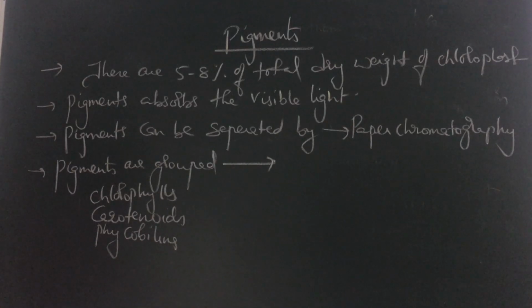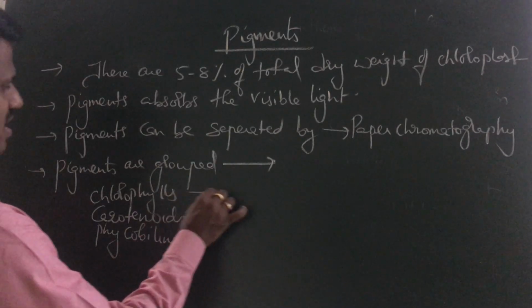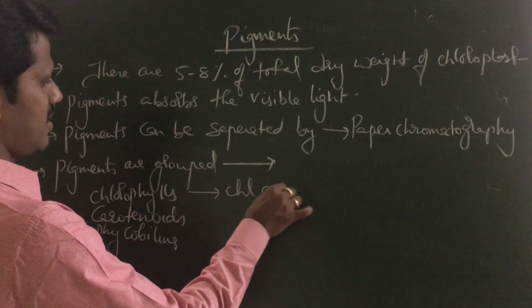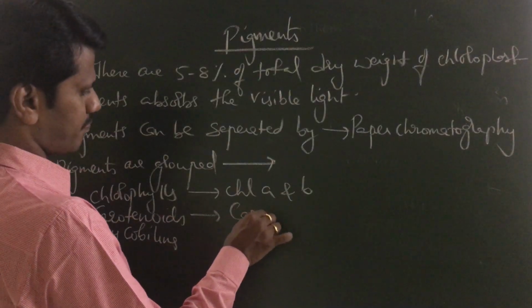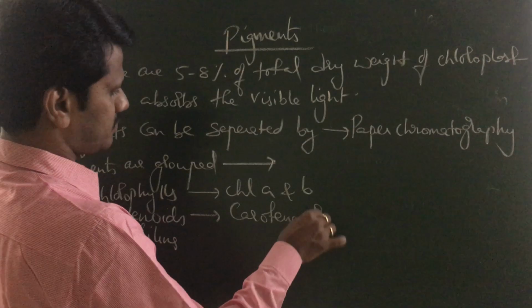Chlorophyll a and chlorophyll b come under chlorophylls. Carotenoids are carotenes and xanthophyll.